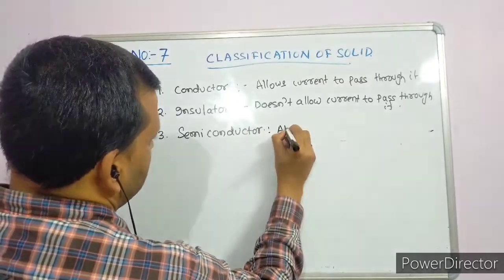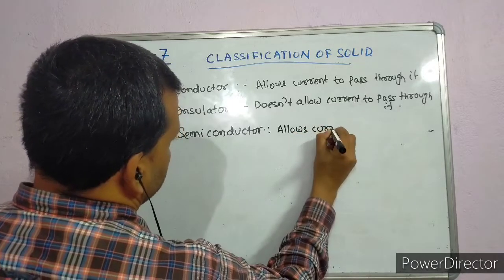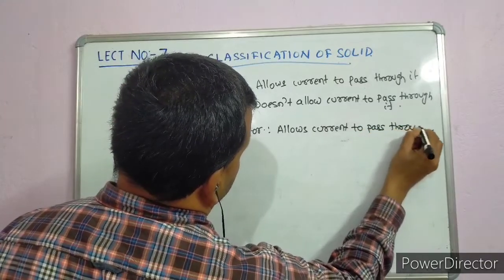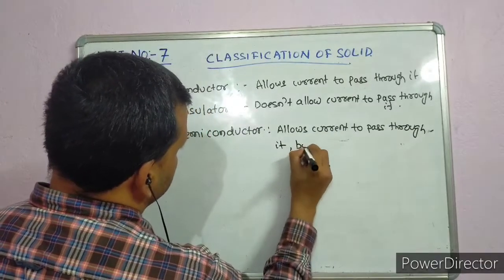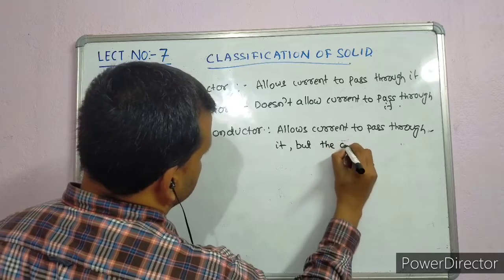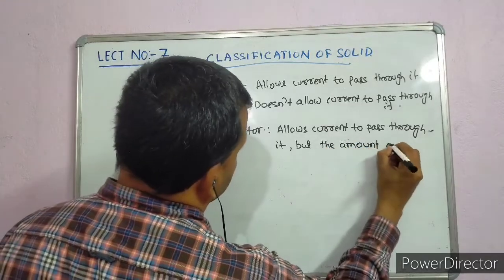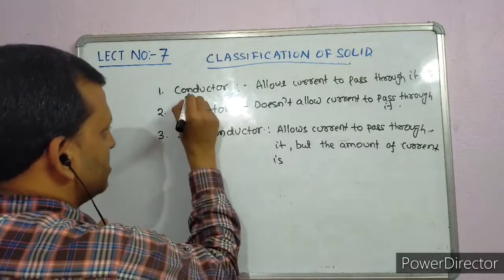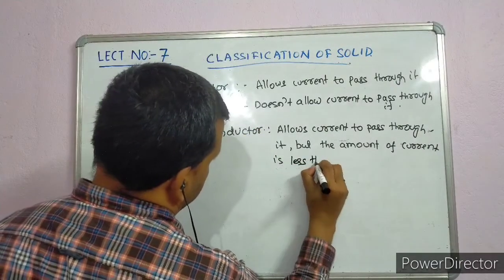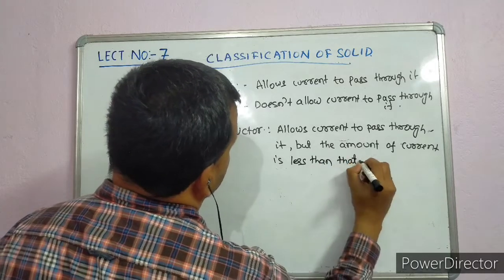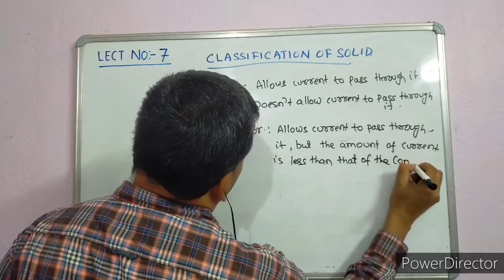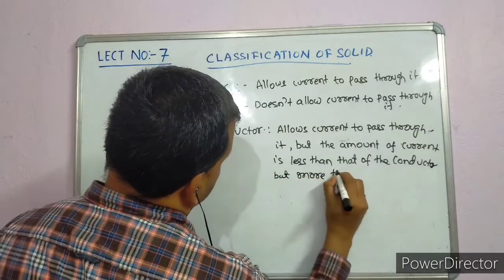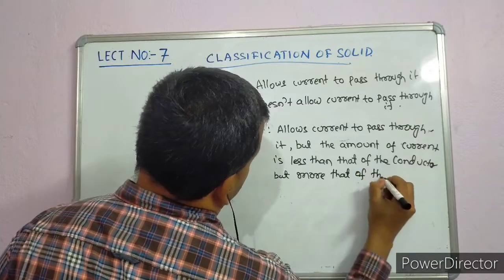It allows current to pass through it, but the amount of current is less than that of the conductor, but more than that of the insulator.